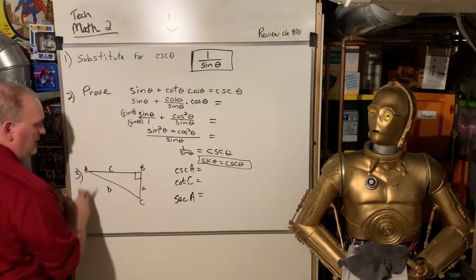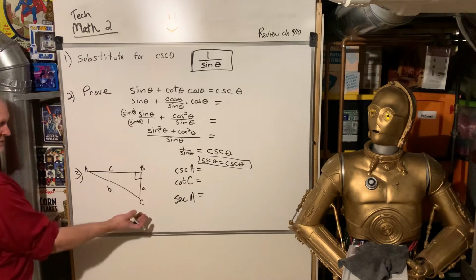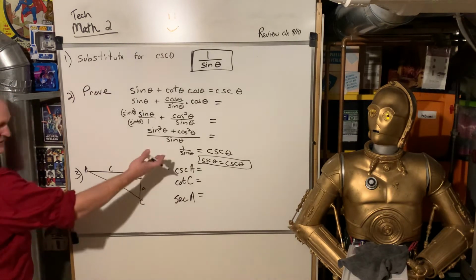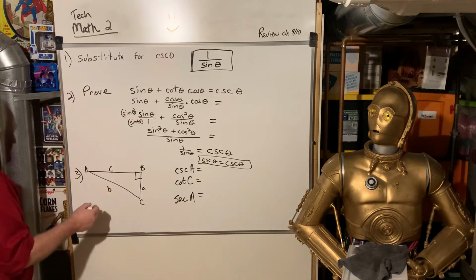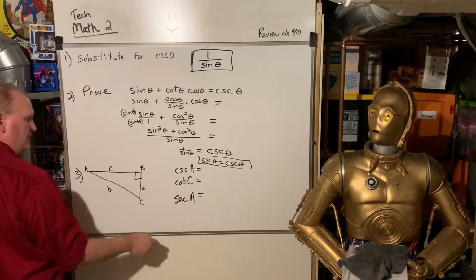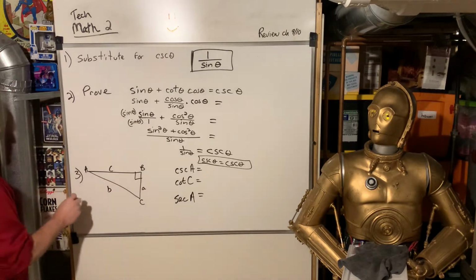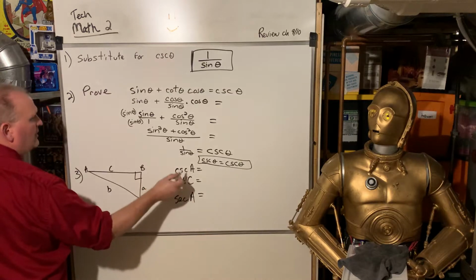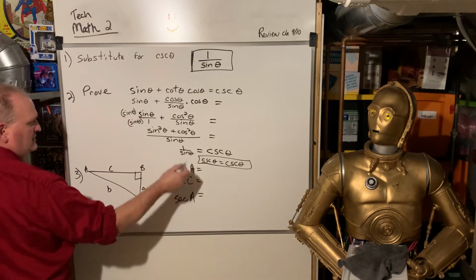Now look, they have a right triangle trig again, but they have us finding all of the inverse right triangle trigonometry, the 3 inverse identities. So let's first do sine. I can never remember, I know sine and cosecant, cosine and secant, and tangent and cotangent are inverses of one another.